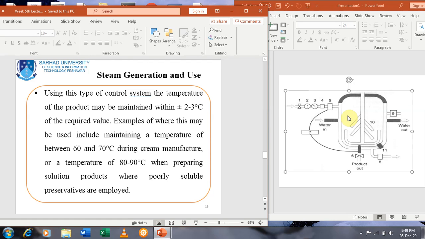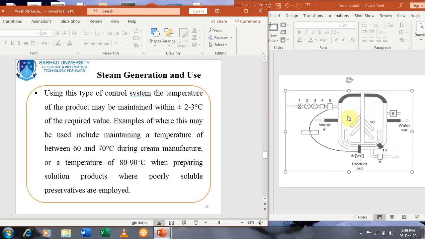Examples of where this may be used include maintaining a temperature of between 60 and 70 degrees centigrade during cream manufacture. Wherever cream manufacturing is required, the temperature is maintained from 60 to 70 degrees centigrade.